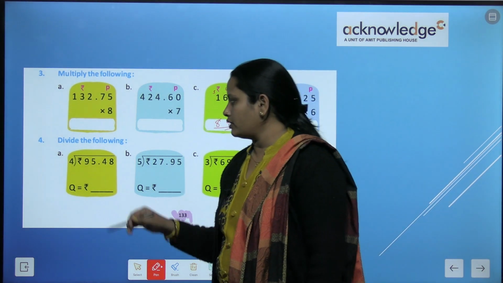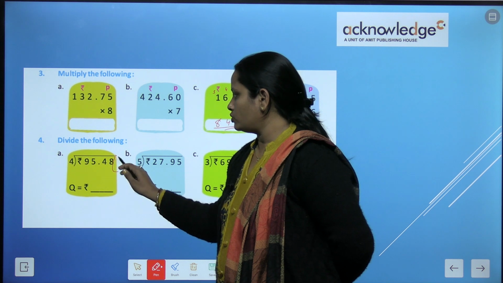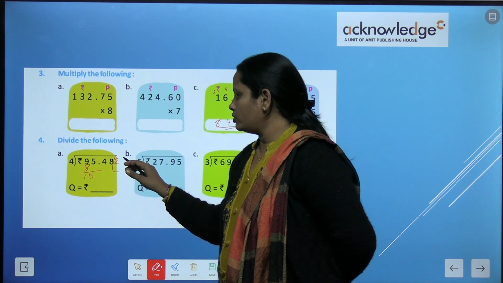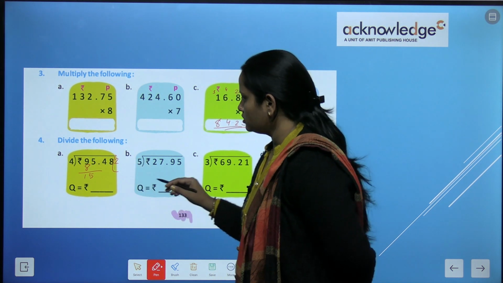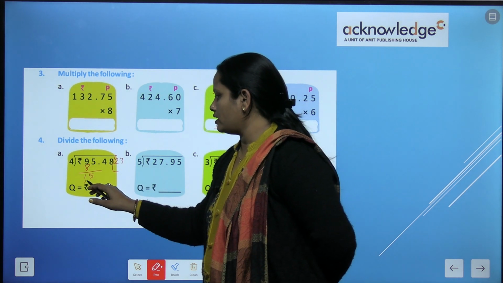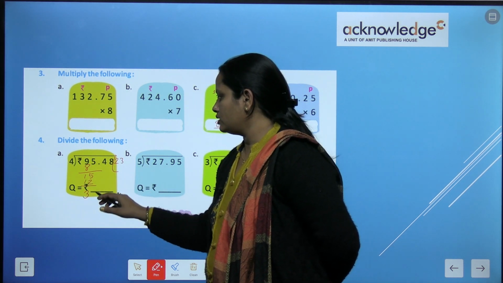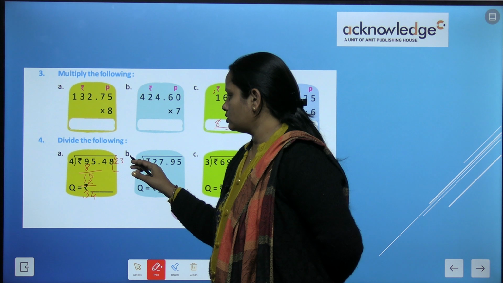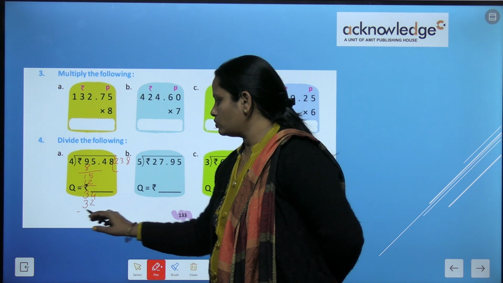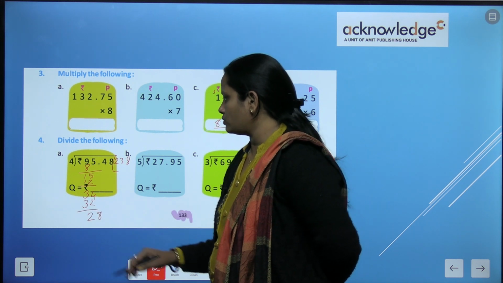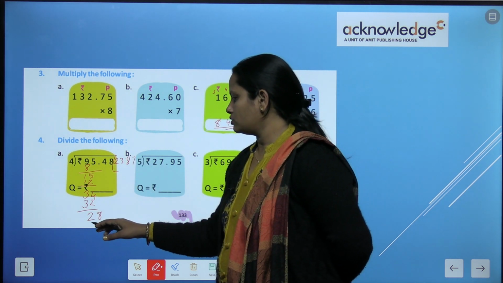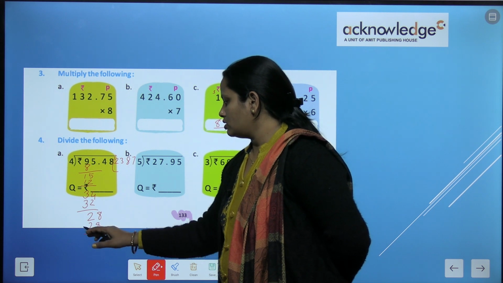Now let's divide the given number. Divide by 4, so 4, 2 times is 8, 1, 5, 4, 3 times is 12, 3, now 4 came, 4, 8 times is 32, 2 came, next 8, so it will be 0.